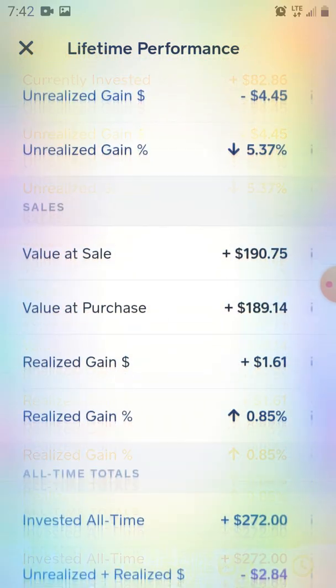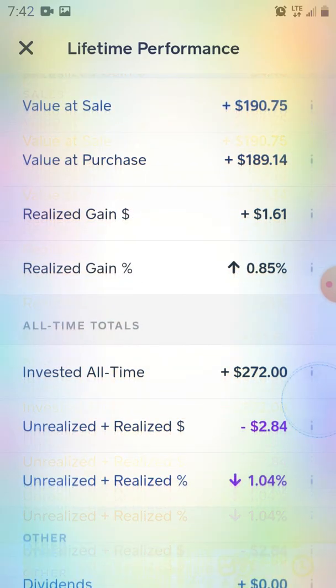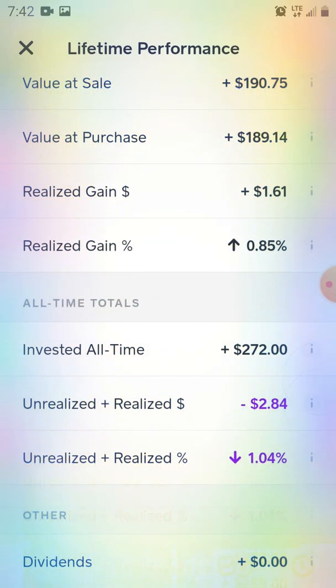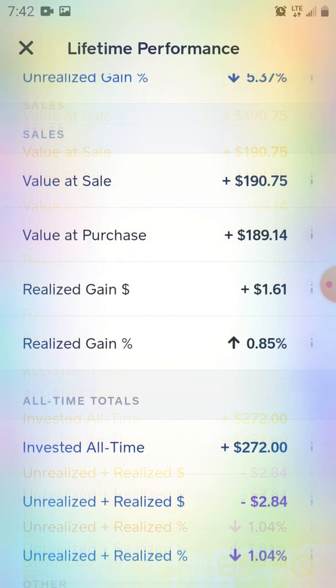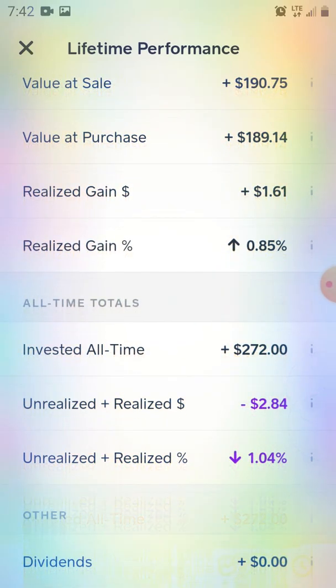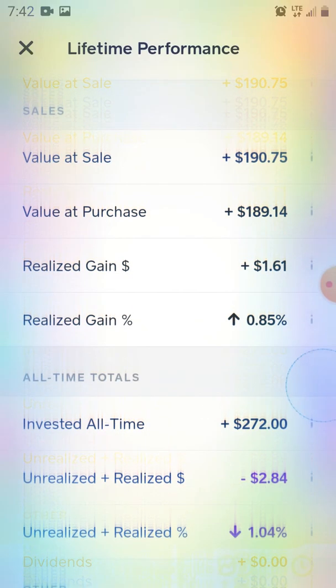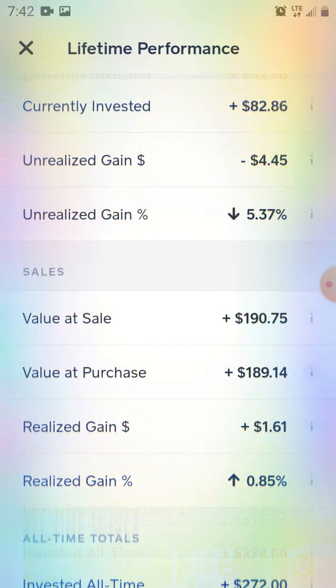And it gives you a breakdown of kind of what everything is, like how much money you've spent, and the reason it says I got 272 invested is because I cash out and I reinvest.